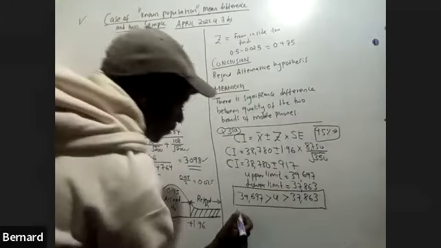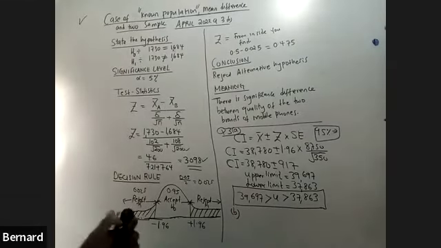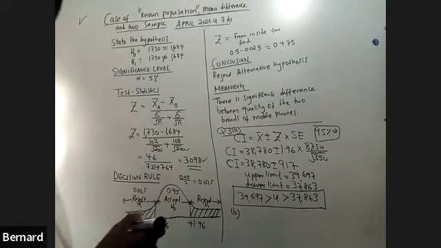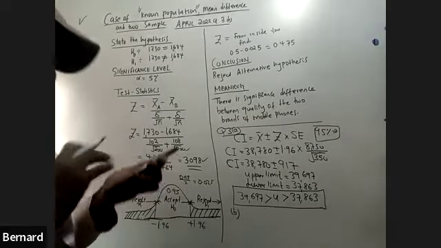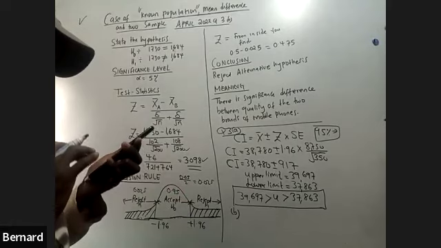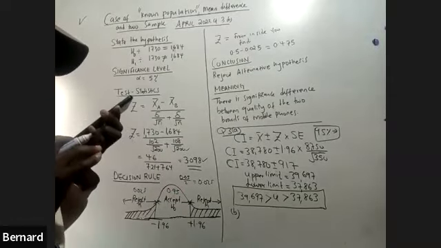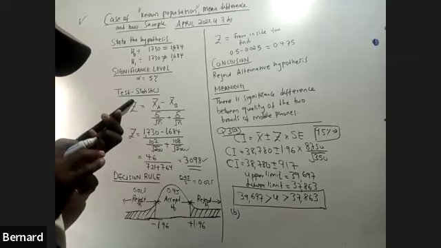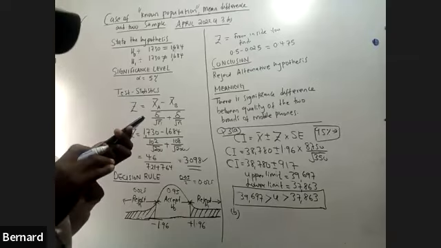Then part B, they were asking for the sample size if the confidence is 99%.